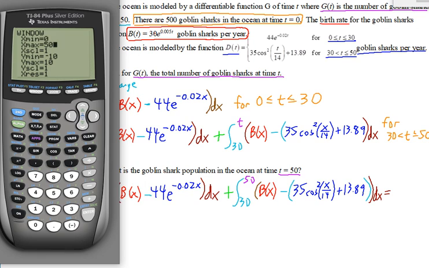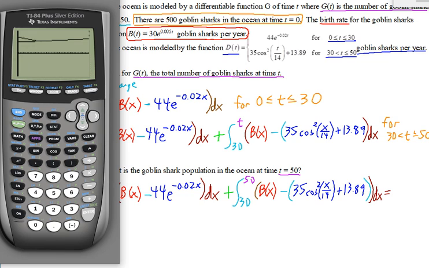So we got 30 right here, 44, 35, plus 13. So you might not have the right window size to start with. Just play around until you can see the functions. There's not just one right answer here. So I'm going to go from, let's say, negative 60 to 60. Try that, and see if I can fit these in there. And then graph. Okay, so there's the first one.